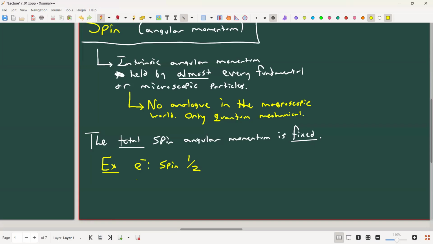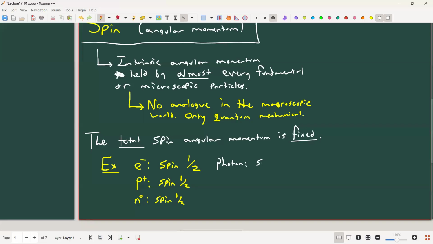But we see it a lot. The proton is also spin 1/2. The neutron is also spin 1/2. Interestingly, the photon is spin 1.